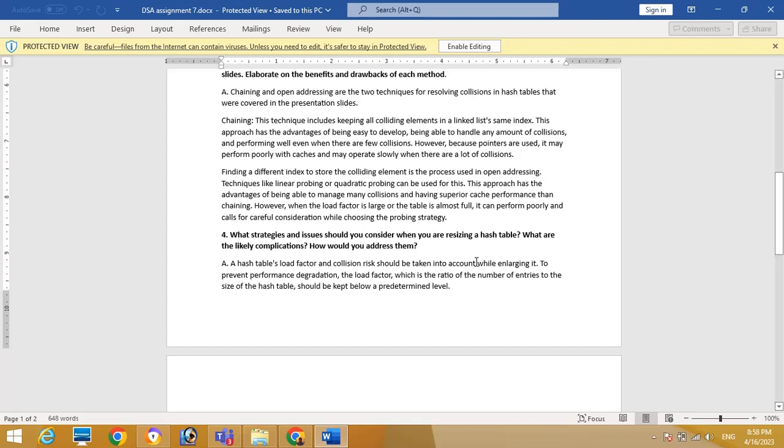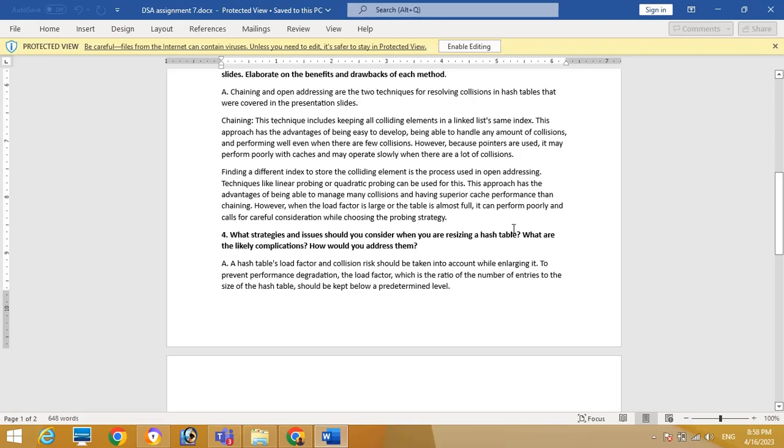After that, open addressing is a technique in which a different index is found to store the colliding element. Linear probing or quadratic probing can be used for this. This approach has the advantage of being able to manage many collisions and having superior cache performance compared to chaining.